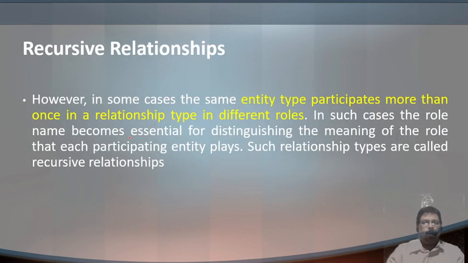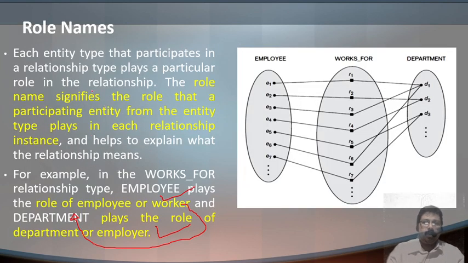Now if I go by this definition, it will be quite confusing: an entity type participates in more than one relationship type, correct? In the previous example, we said that each entity is specified with a certain role, defined by the role name.